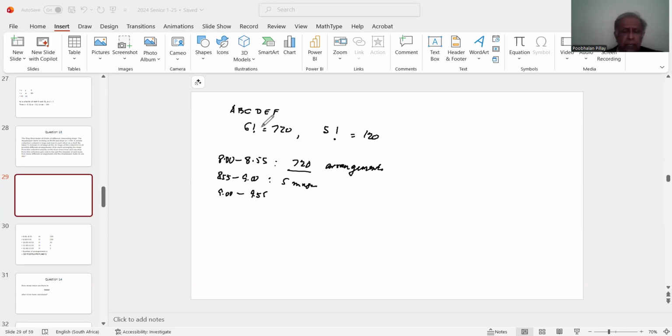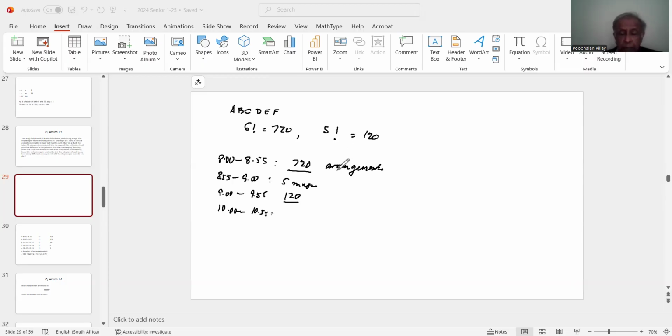You see, 6 factorial is 6 times 5 factorial. So to get to 5 factorial, you have to divide 720 by 6, and that is what you get. So that's the number of arrangements there. Between 9:55 and 10 o'clock, he sold one, and from 10 to 10:55, he starts arranging the remaining ones.